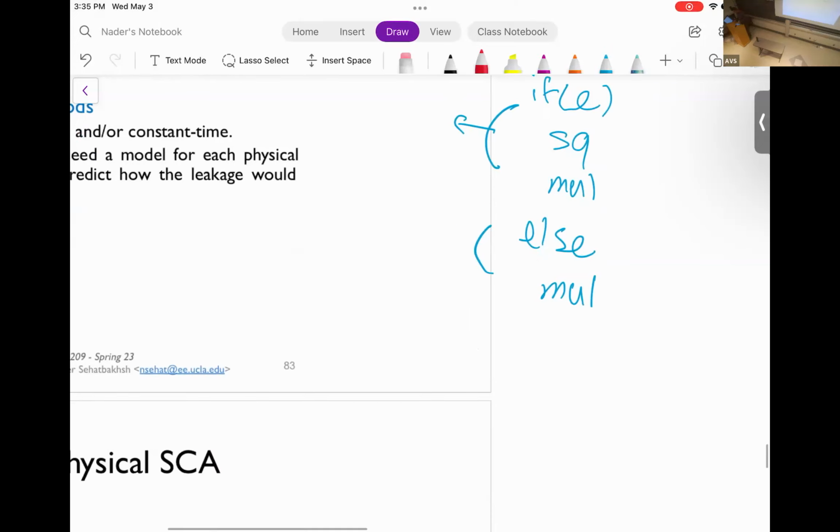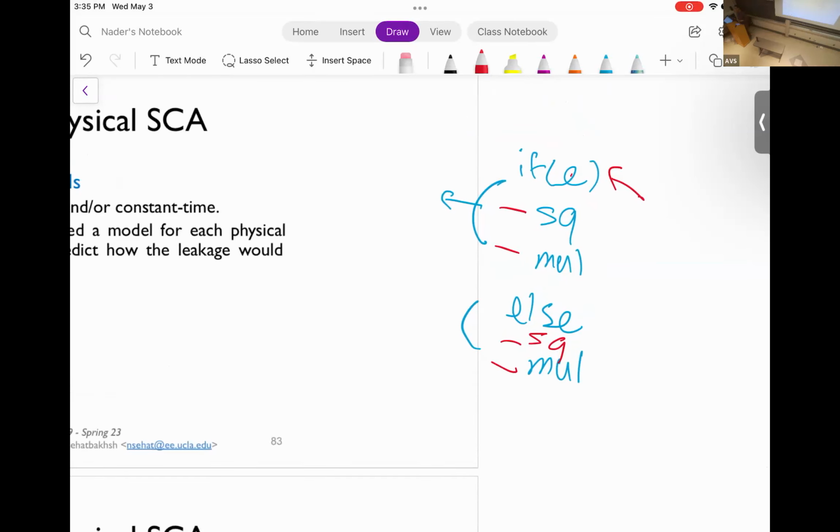But if I had square multiply here and square multiply here, then this essentially is oblivious to E, because even if I can measure the side channel signals, I won't get any information from the system, because regardless of E, I always see square multiply, right? So this is what we call oblivious programming, or generally, constant time programming: regardless of values, we always do the same thing, okay? So how do we do that?